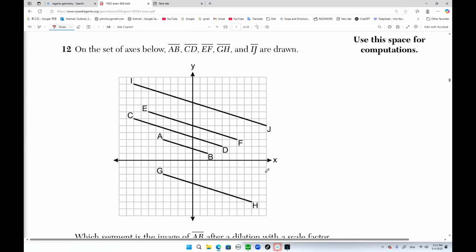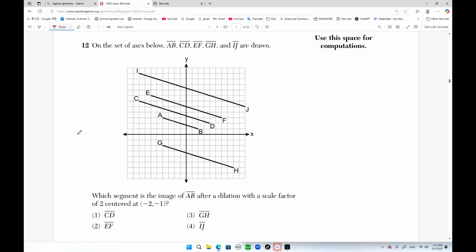Here is number 12. After dilation of AB, right? Yeah, this one is the pre-image. Okay, we're going to dilate this one by a factor of 2. Where is the center? Negative 2, negative 1. That's the center.